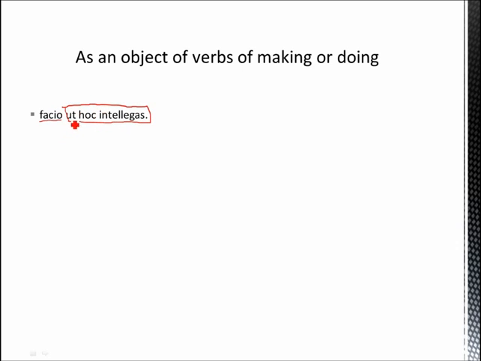I make sure that you, here's our subjunctive, and remember we're going to follow the sequence of tenses, present subjunctive, because we've got a present tense main verb. I make sure that you understand this. So this is the object of this verb.